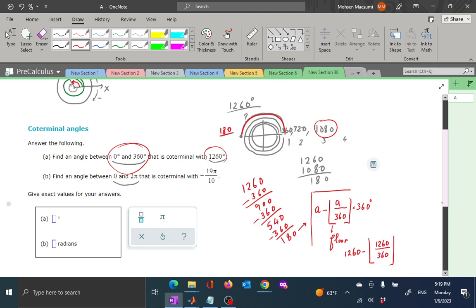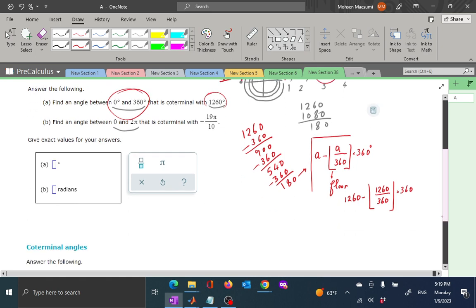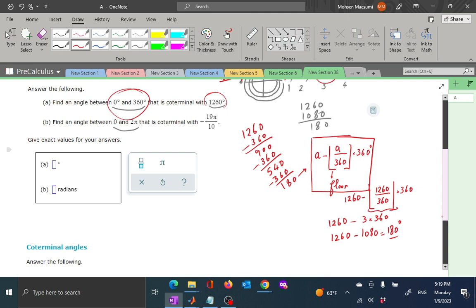That's going to be 3 times 360. So this is going to be 1260 minus 3 times 360, meaning you're going around the circle 3 times. So 1260 minus 1080, you get 180 degrees. So here's a formula in case you want to have a formula, but not really necessary.